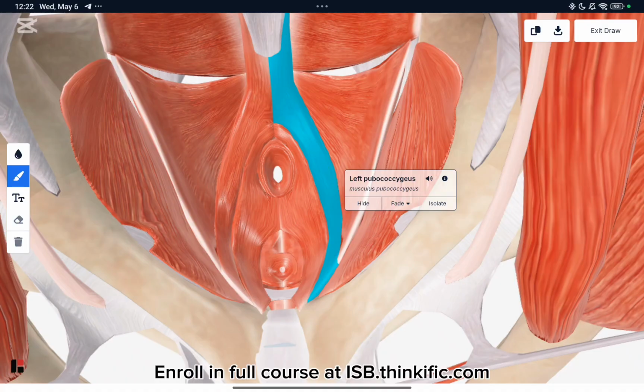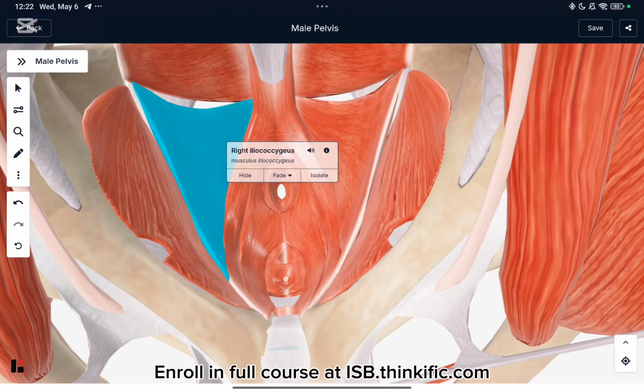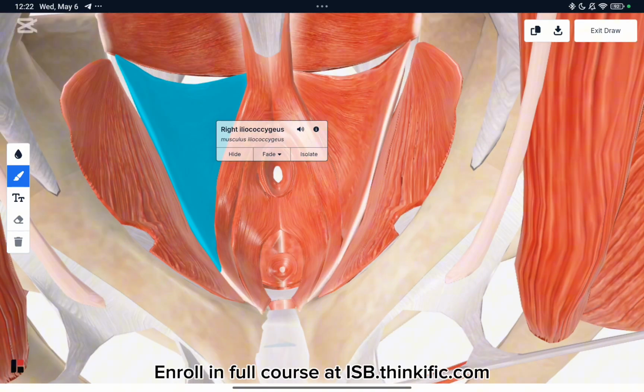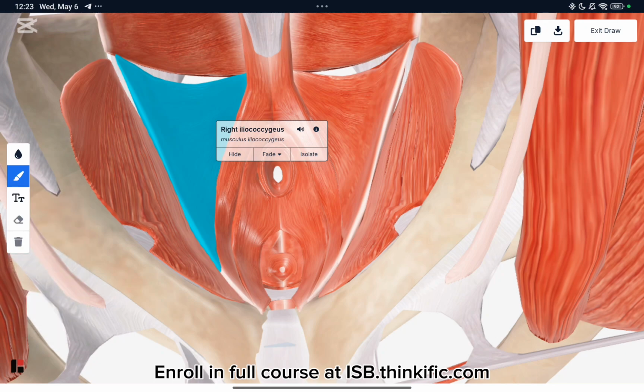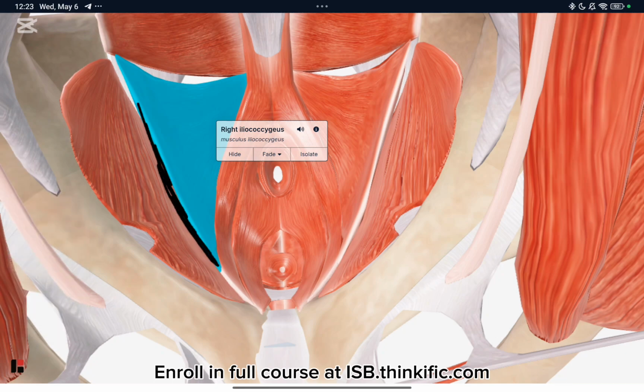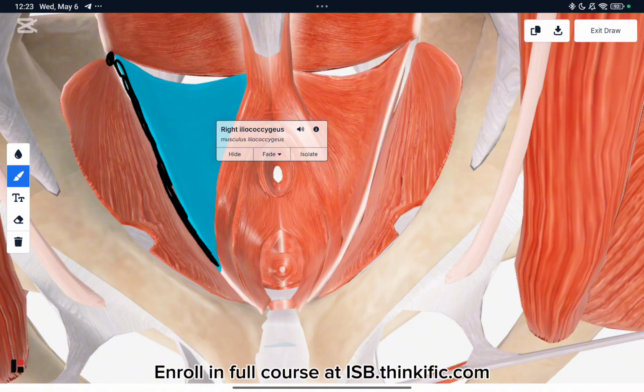The next part, which is the most lateral and largest part, is this one. This one is called the iliococcygeus muscle. This is the final and largest part. It originates from the tendinous arch that I told you about, from the thickening of the fascia of obturator internus muscle over here, and also from the ischial spine.